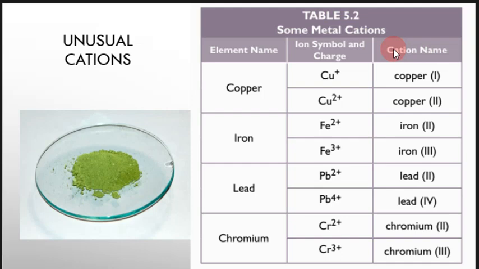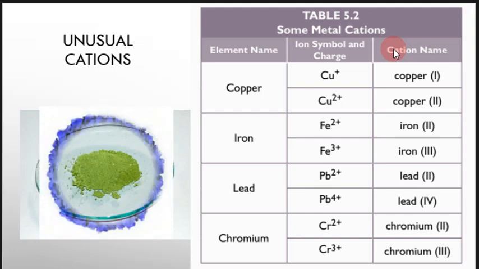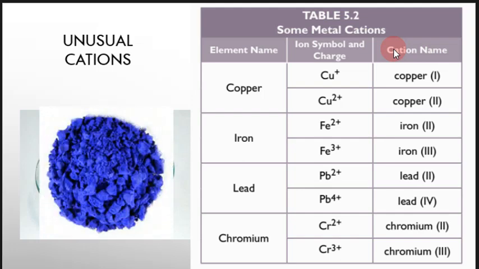But sometimes copper wants to get rid of 2 electrons, and so it takes on a 2 plus ionic state. And it looks like this, by the way. Beautiful. Copper's very blue. But we call that copper 2. Roman numeral 2.